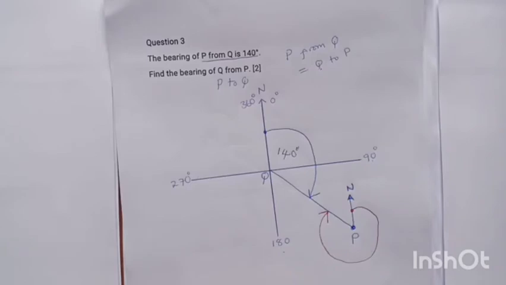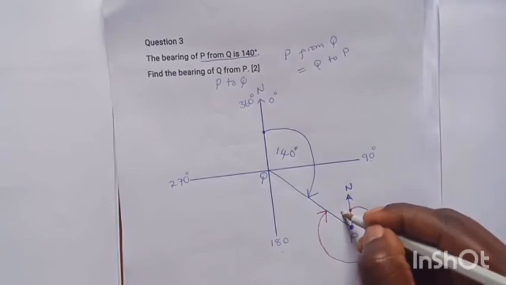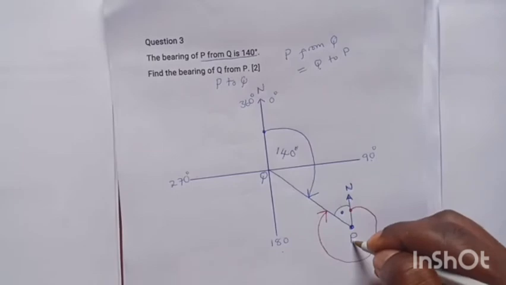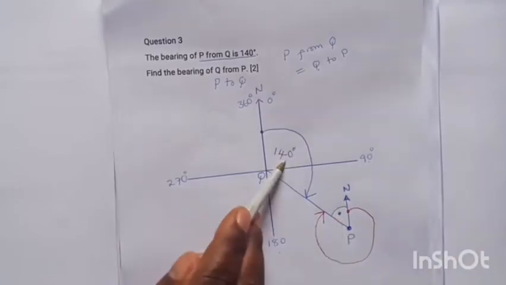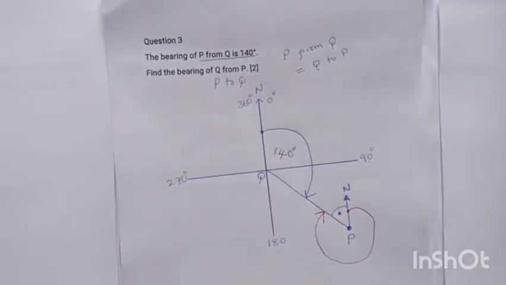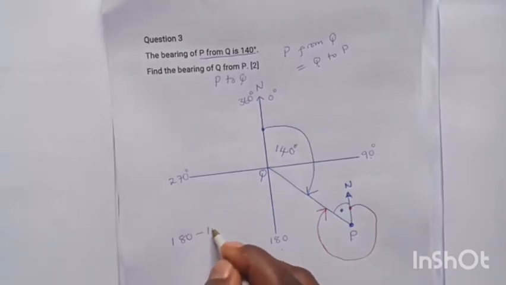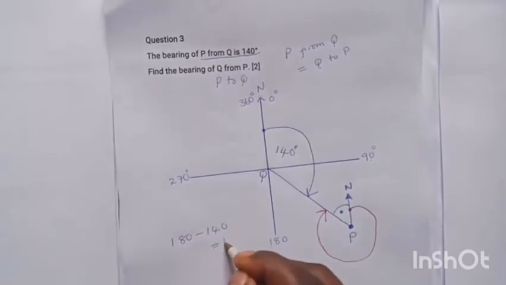So for me to calculate this red angle, I need to identify the inner angle at P, which is an allied angle with 140 degrees. Remember, allied angles add up to 180 degrees. So 180 minus 140, I'm going to get 40 degrees.